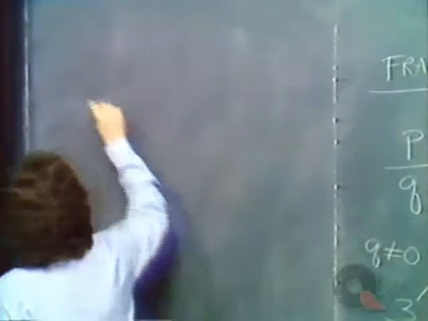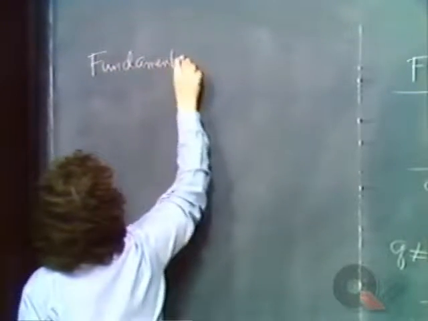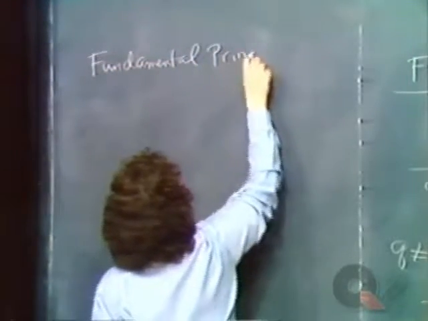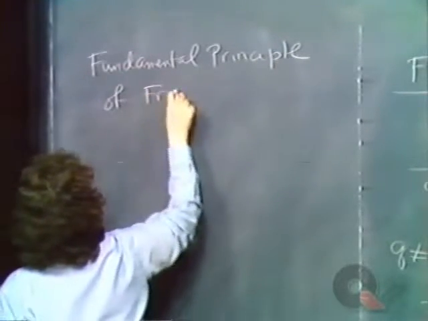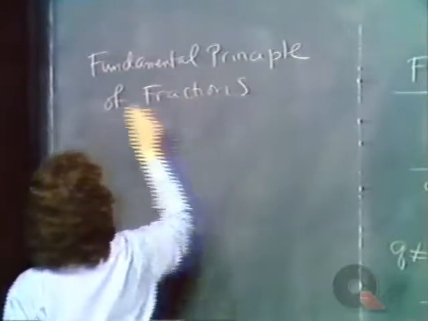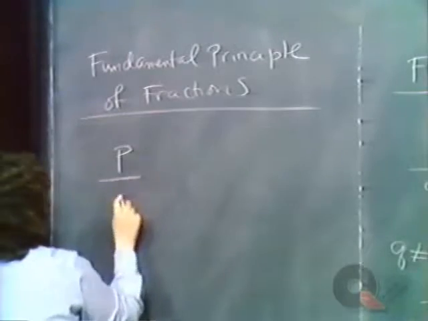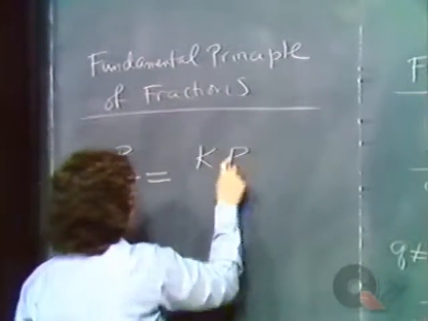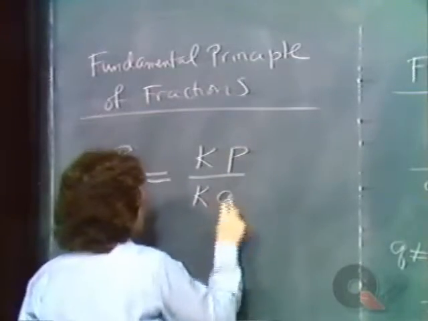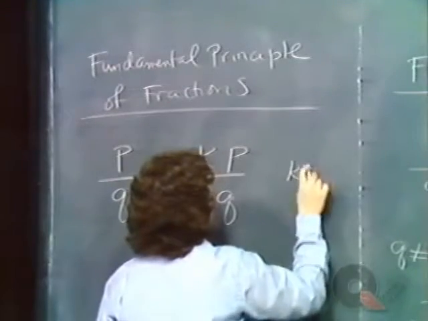For our work with fractions, the most important thing to remember is what we could call the fundamental principle of fractions. A fraction P over Q is equivalent to a fraction K times P over K times Q, where K is not 0.